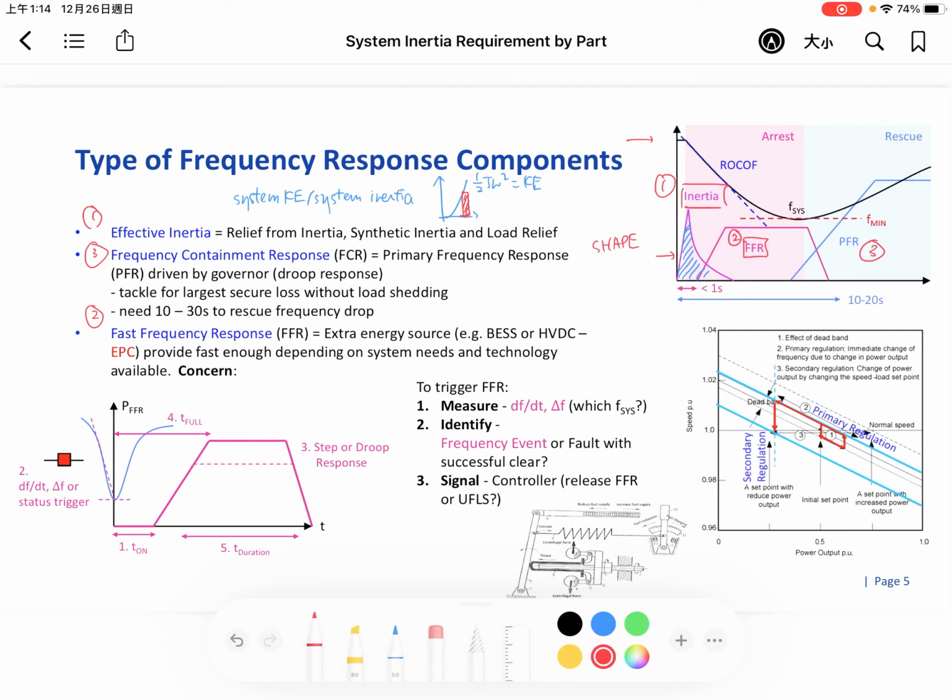We have a term called effective inertia, which includes the relief from the load, which is, if we want to model a load power, we often write it in the form of functions of voltage and frequency.